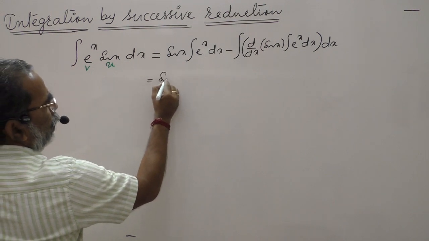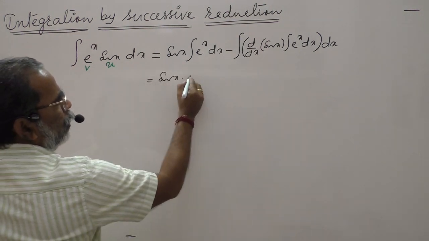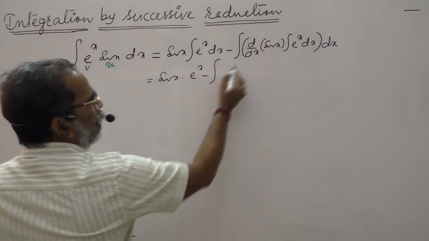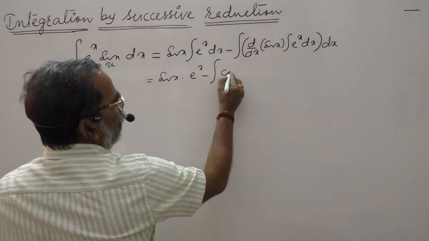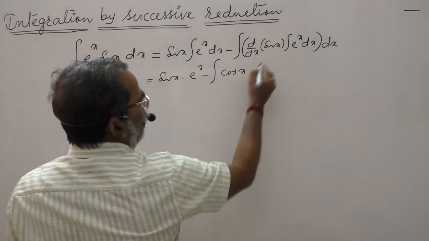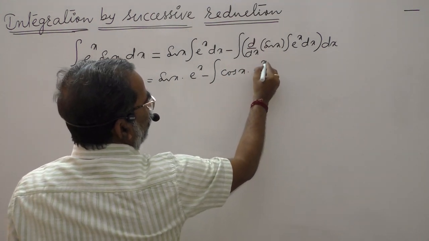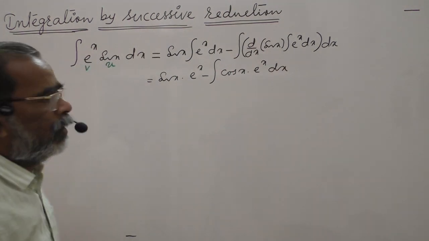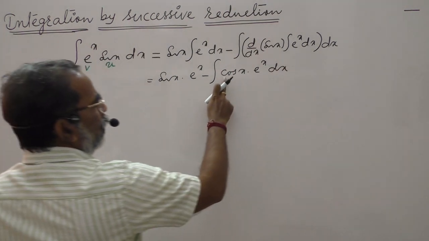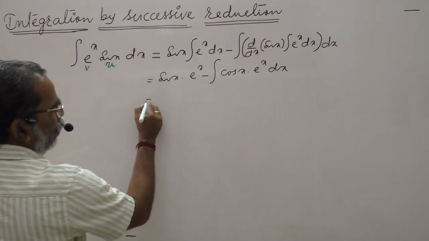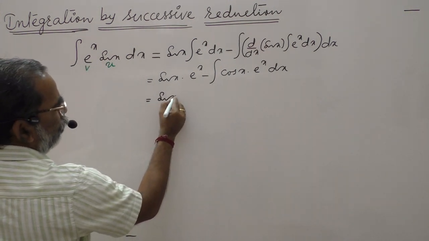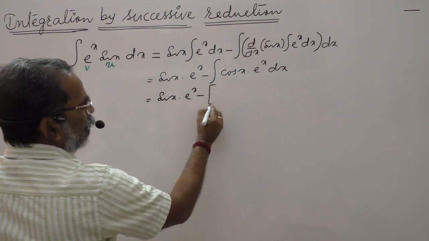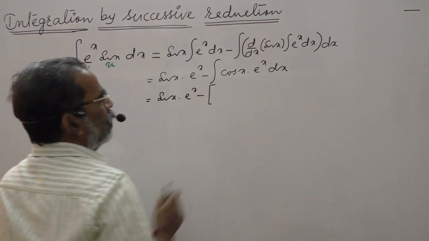If I simplify this, sin x into the integral of e power x, which is e power x, minus the integral of d by dx of sin x, which is cos x, into integral of e power x, into dx. I have applied integration by parts. One more integral is there. There also we have a product, no? Again I should apply integration by parts.